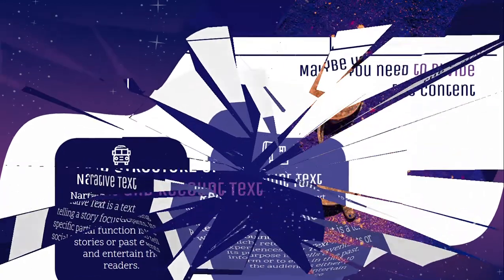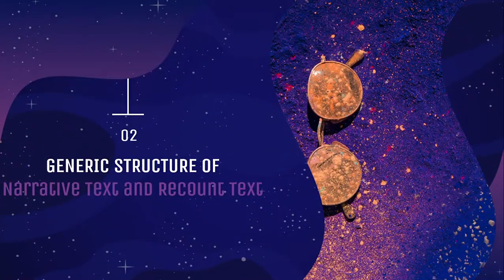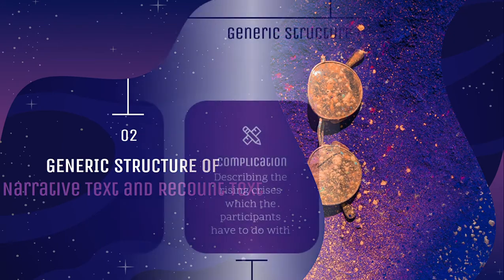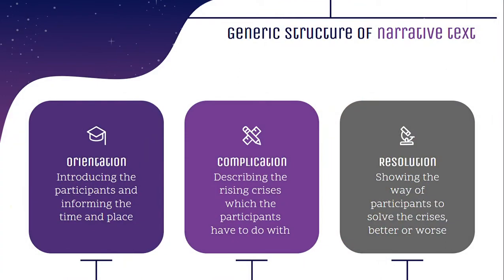Next. 2. Generic structure of narrative text and recount text. Generic structure of narrative text. There are orientation, complication, and resolution.